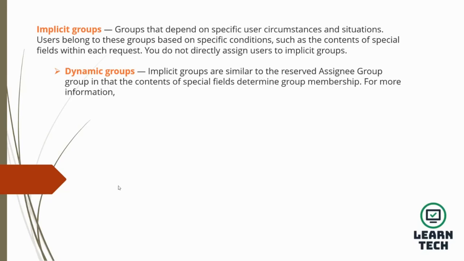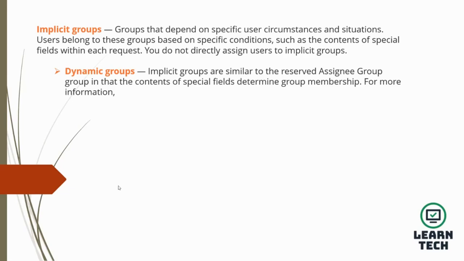Dynamic groups are a very good concept in BMC Remedy for role-level security, where you have different people from the same company creating, let's suppose, records in the same form, but based on these dynamic groups you can segregate the data. You can give permissions to people on the same form itself.